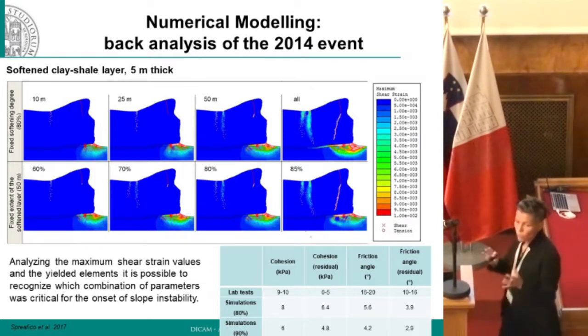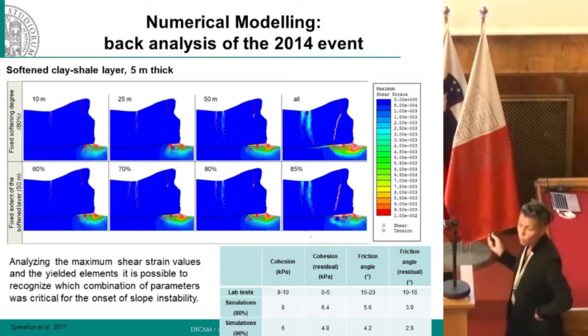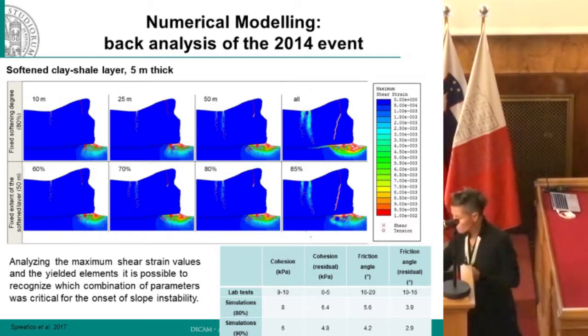The results are more or less coherent, as order of magnitude, with the results we obtained from the lab. But you will see the shape of the scarp that we obtain by considering these two possible predisposing factors does not resemble the real one.